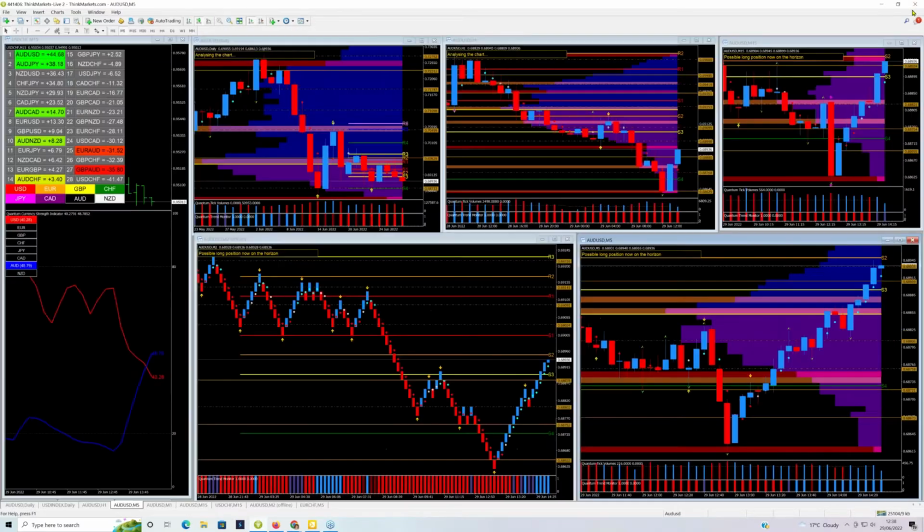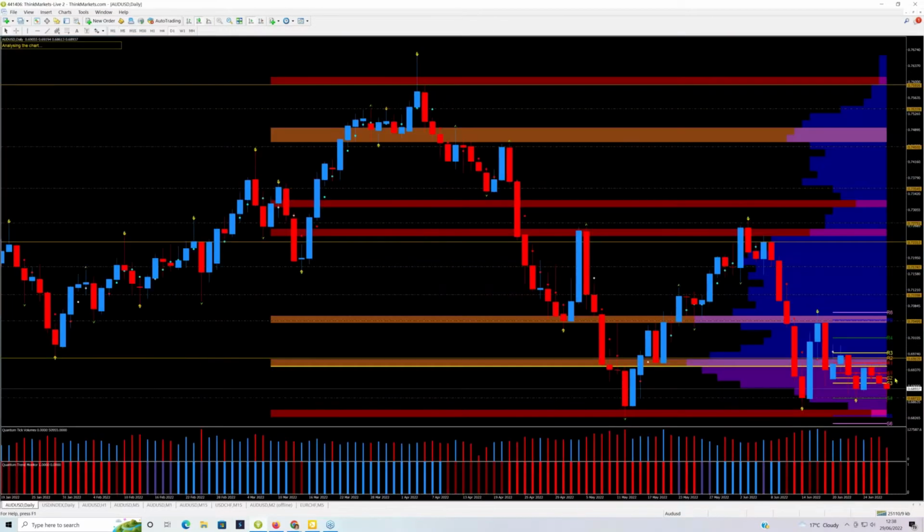Now, finally, when we go back to the daily chart, this is the wick to this candle. What's interesting about the daily chart for the Aussie dollar is it's in a sideways move, but within some really important levels. We've got the volume point of control. It hasn't been able to get through that.